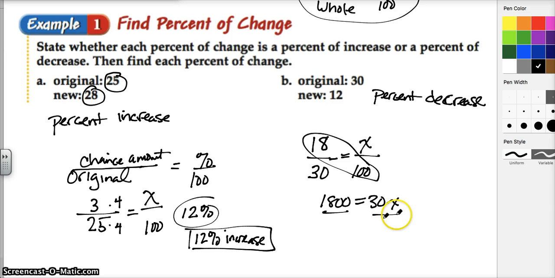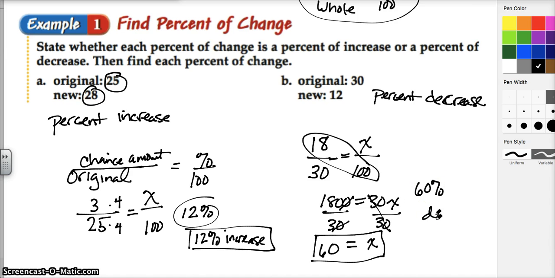Now I need to isolate x, so I divide both sides by 30, because 30 is attached to x by multiplication, and I do the opposite, which is division. 3 goes into 18 6 times, and the 0 comes along for the ride. So 3 goes into 180 60 times. So I have a 60% decrease.